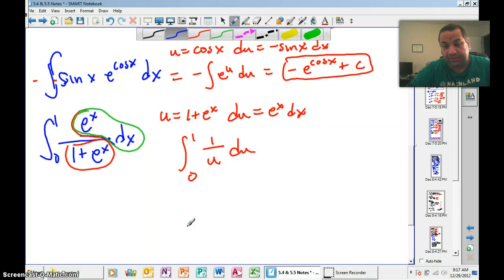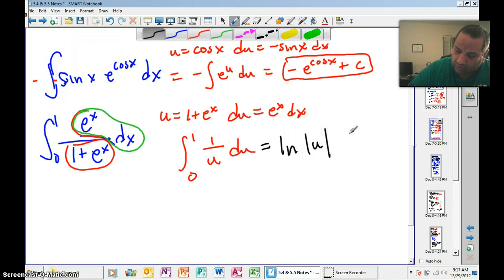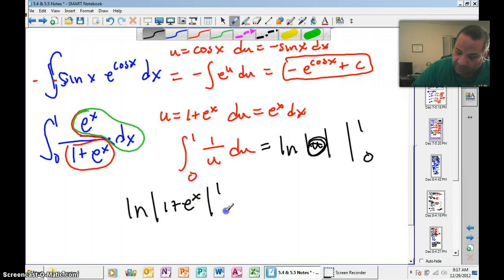Oh, 1 over u, if you haven't forgotten. We didn't have too much eggnog. That's natural log of u, all evaluated at 1 and 0. I have to replace u back because I'm using 1 and 0. So it's the natural log of 1 plus e to the x, and it's from 1 to 0. We're going to go and evaluate it.